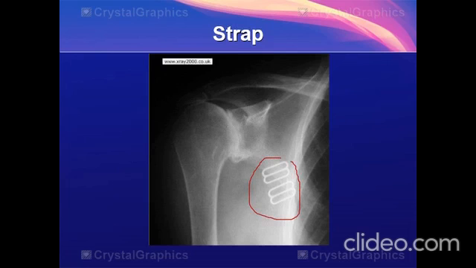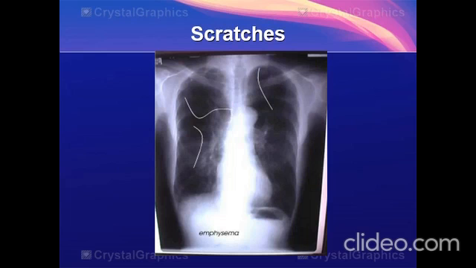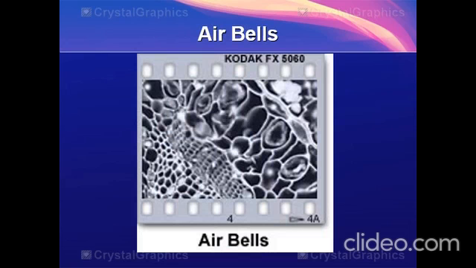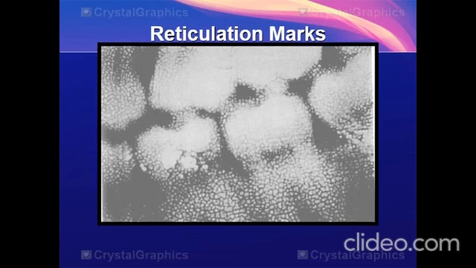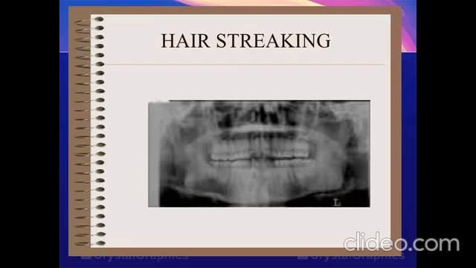So, bra, strap ng bra. Scratches, so obviously. Air bells, so ito yung mga marks kapag hindi masyadong na-agitate. Reticulation marks. Nag-occur siya kapag hindi pantay ang temperature ng developer tsaka fixer.